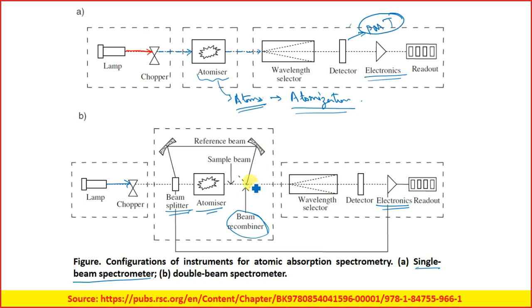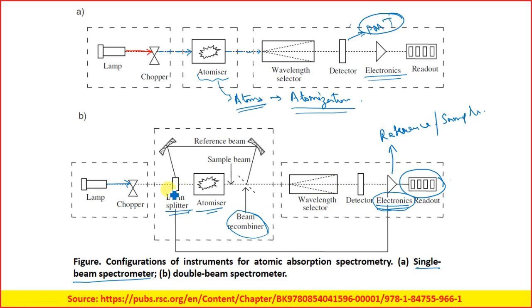When the recombiner combines the beam and it gets into the detector, the electronic components, this amplifier circuit which has been shown over here, know which signal is from the reference and which is from the sample. Accordingly, it stores the data in the data storage device, and from there you get the reading.